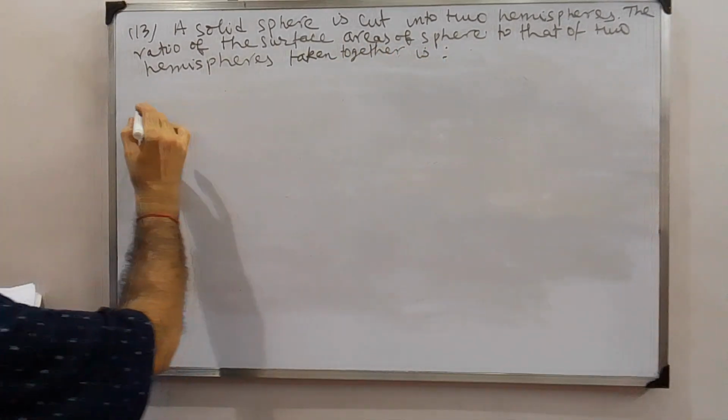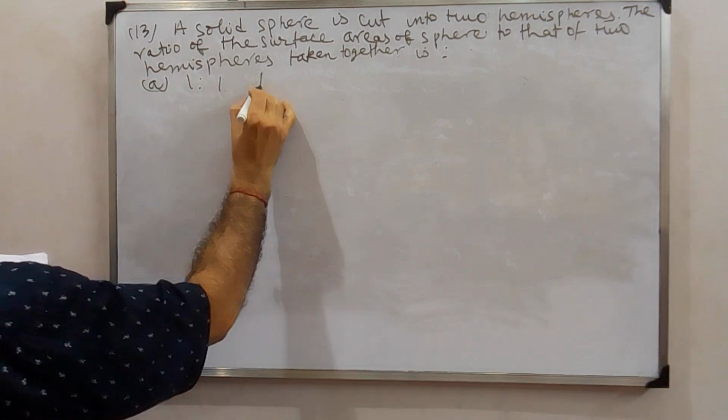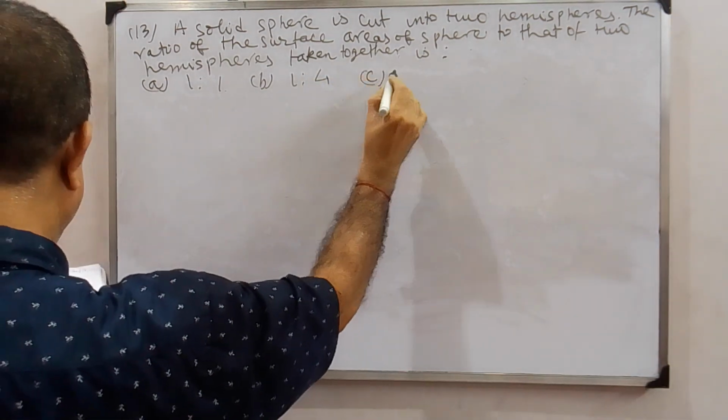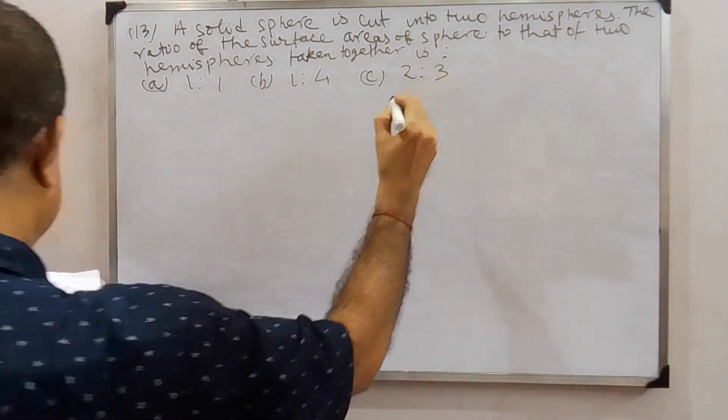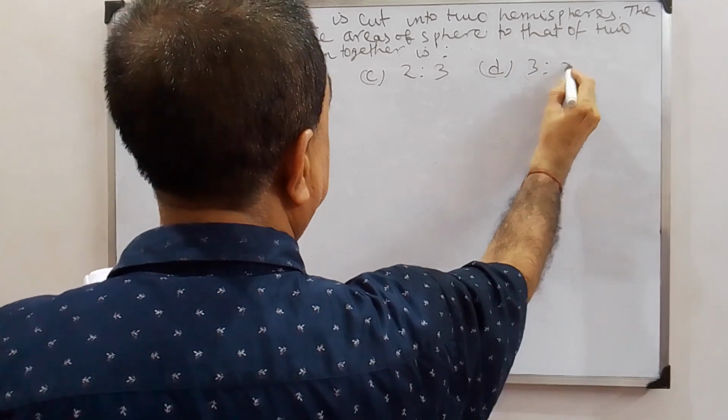Here the choices are given. A is 1:1, B is 1:4, C is 2:3, and D is 3:2.